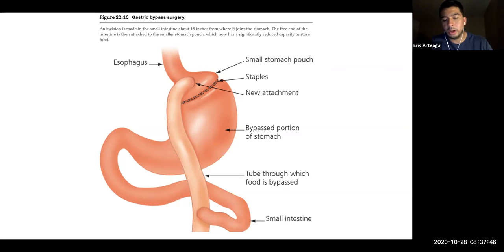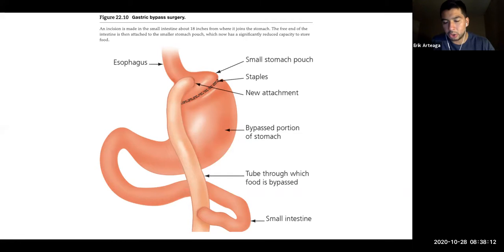Okay. There are other methods like the band, so it's kind of like a pressure on the stomach that doesn't allow it to expand. There are surgeries where they actually remove a whole portion of the stomach and seal that up. Okay. These staples essentially make the stomach a lot smaller, and then you have a bypass of a new tube that takes it down to the digestive system.